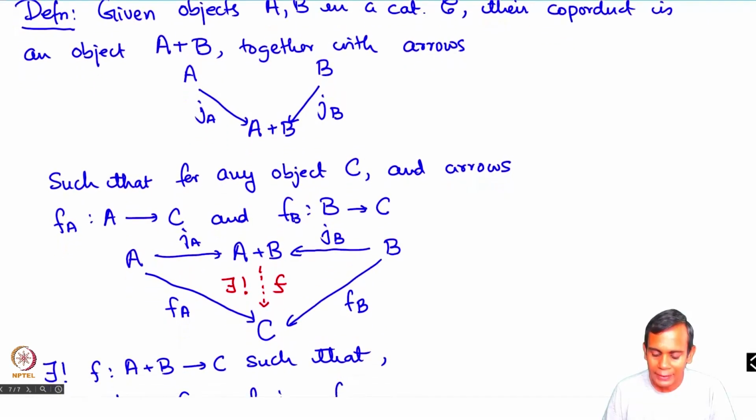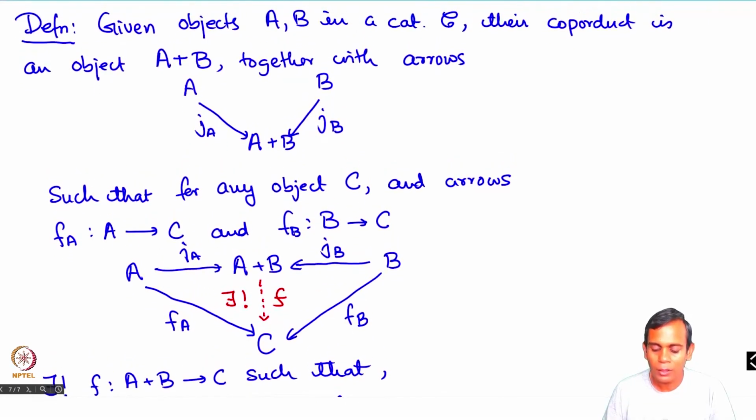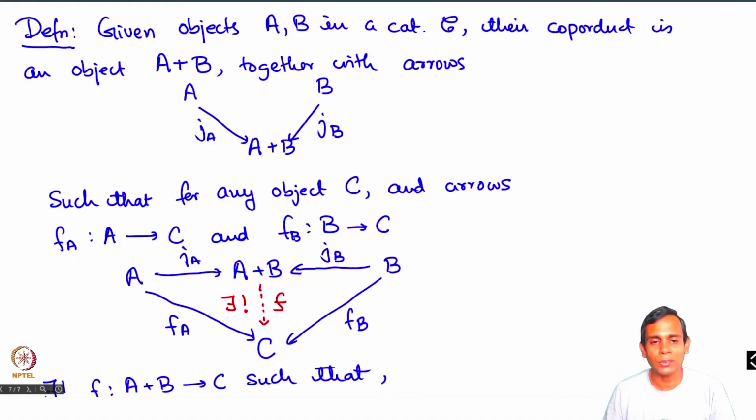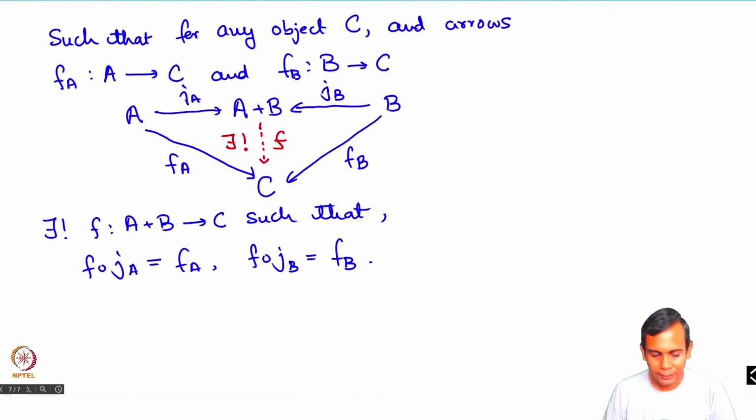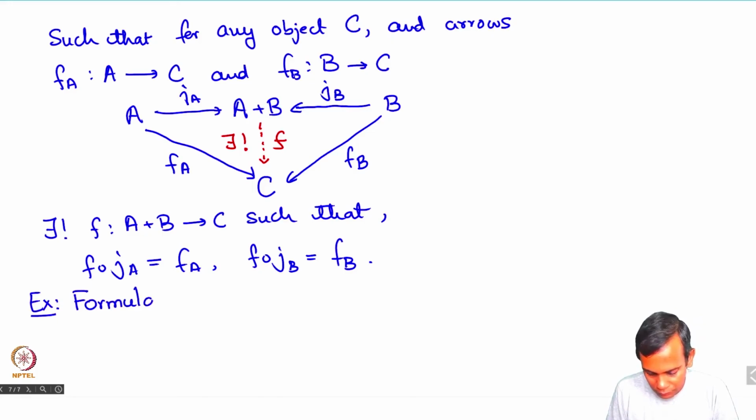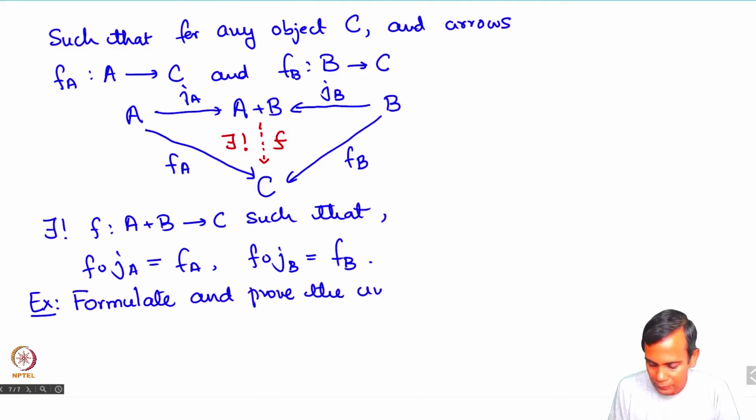So it's exactly the definition of a product, but with the directions of all the arrows reversed. And now, just to see if you were following what I did before with products, I will give you the following exercise: formulate and prove the uniqueness of coproducts.